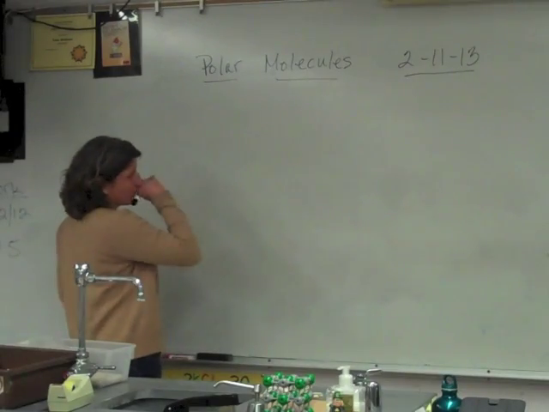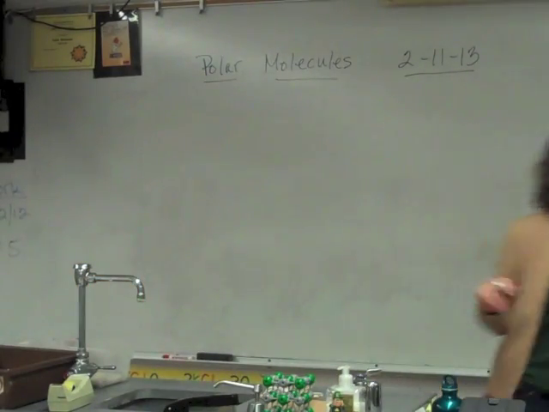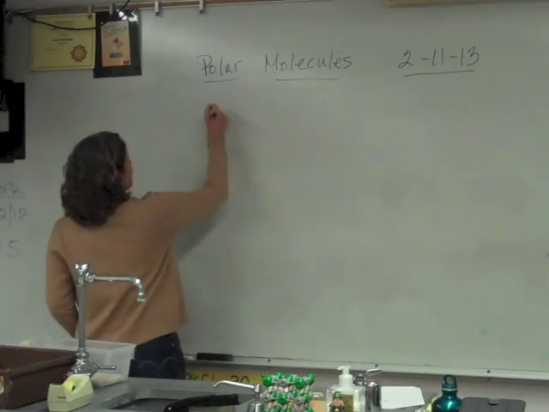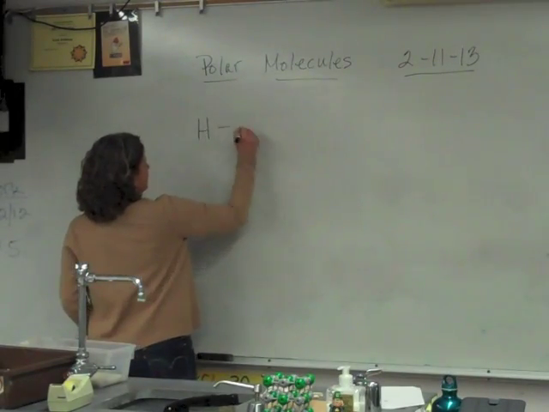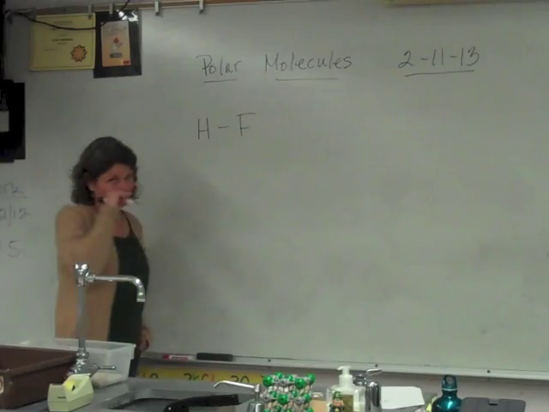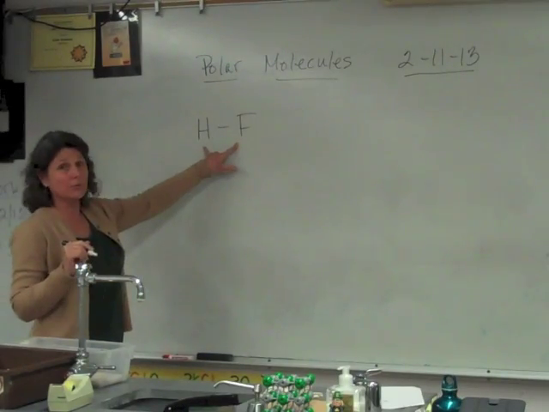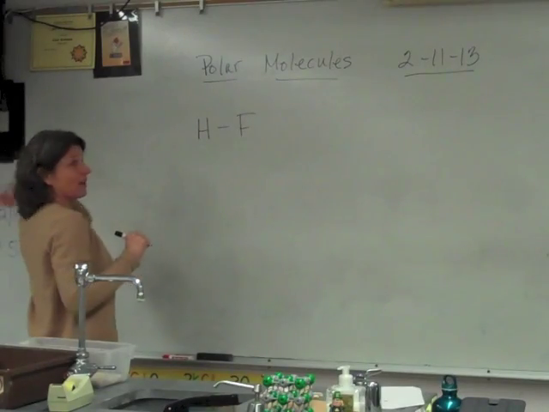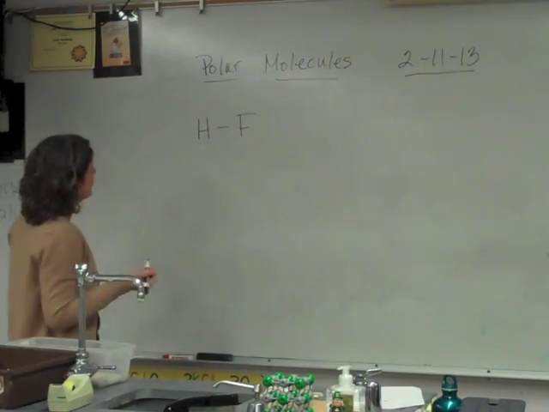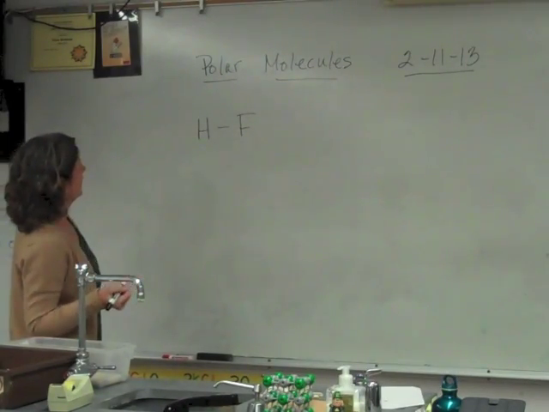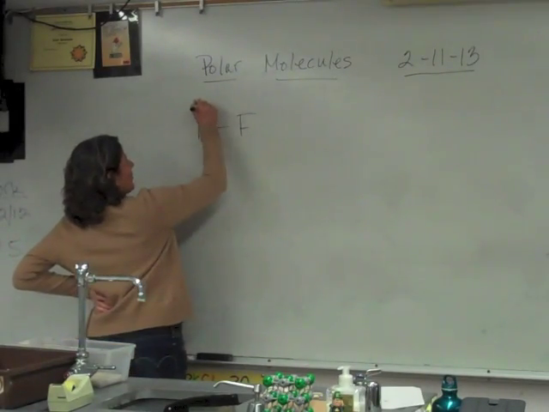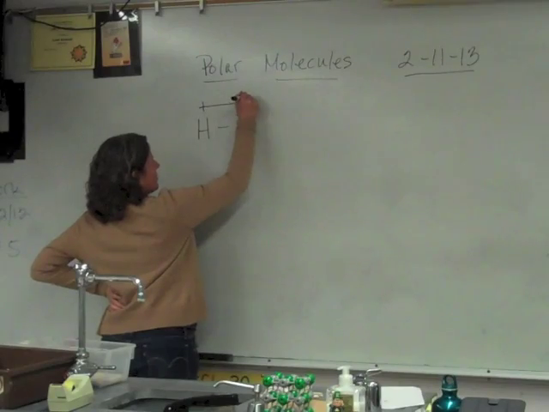So, for instance, HF. Okay, this is a polar bond, hydrofluoric acid, or hydrogen fluoride if it's a gas. So this is going to be the electropositive portion.